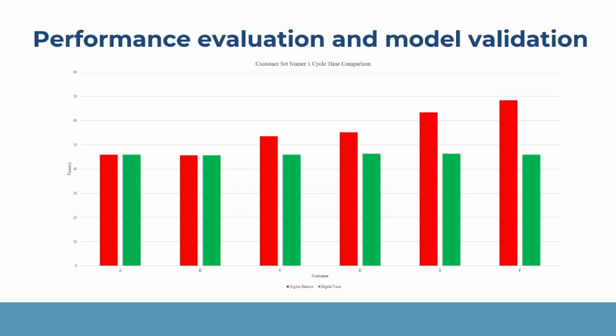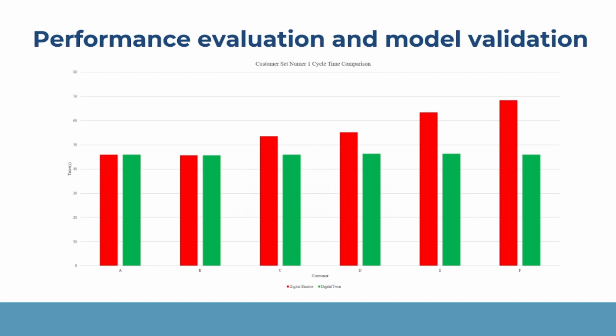You can see here in the performance evaluation and model validation that in the first two orders, order A and B, both these models were performing the same. But as soon as the water level dropped below 75%, the digital twin started outperforming the digital shadow.